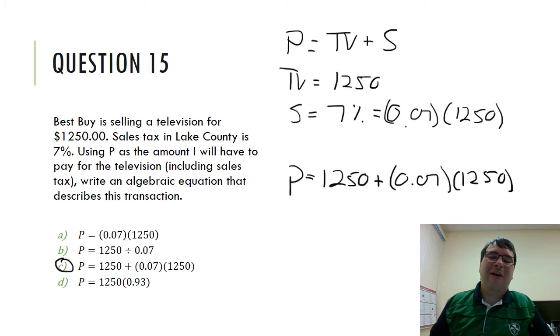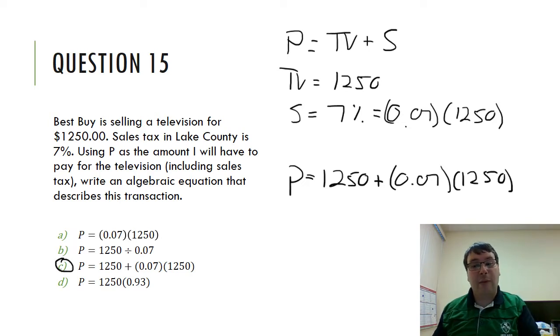All right, so here I have P. That's the price I'm going to pay. I know I have to buy the TV, and I know I have to pay sales tax. So I'm going to use TV for representing the price of the TV, sales tax representing the cost of the sales tax. Well, the TV was told to me to be $1,250. And I know sales tax is 7%. Now here's the thing. 7% of the actual cost of the TV is the sales tax I have to pay.